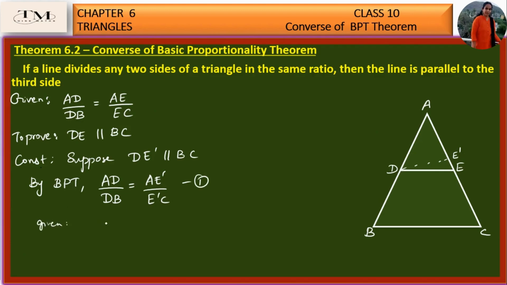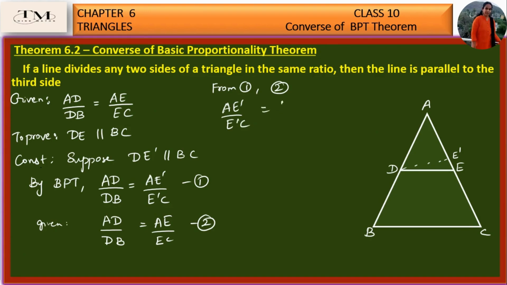The given is AD by DB is equal to AE by EC. This is 2. When you compare 1 and 2, LHS is the same. If LHS is the same, RHS will automatically be the same. So we can write from 1 and 2, AE dash by E dash C will be equal to AE by EC.